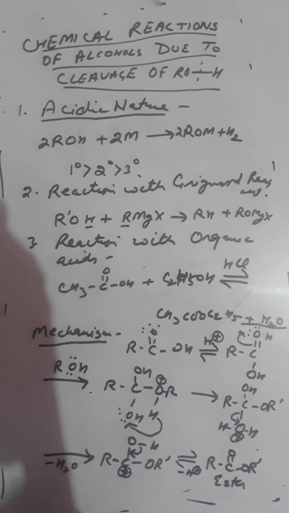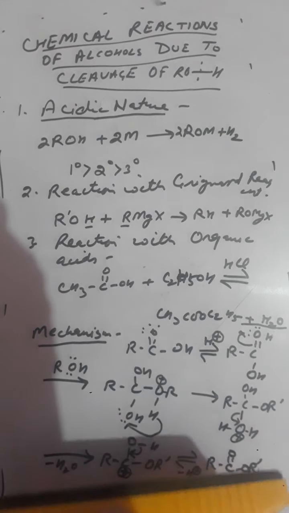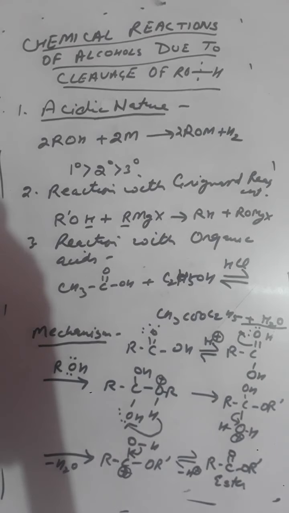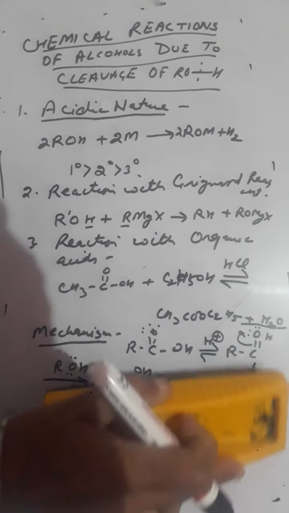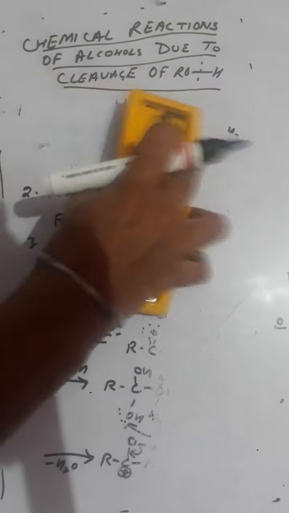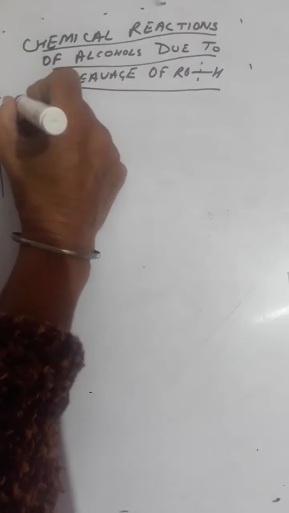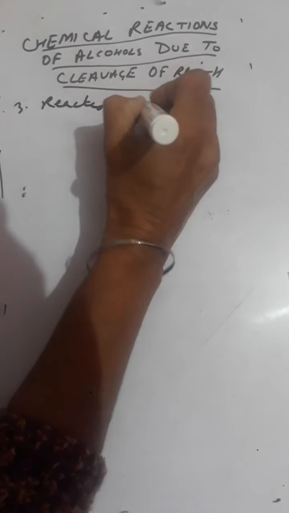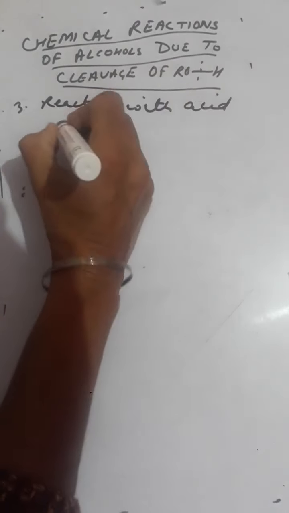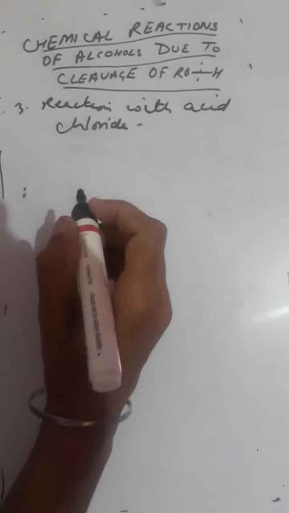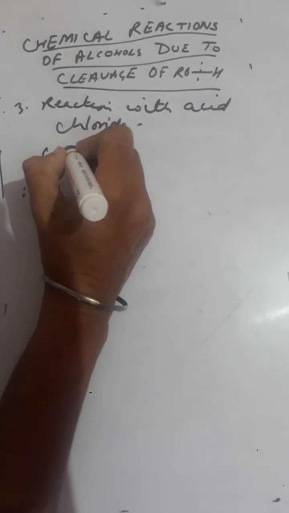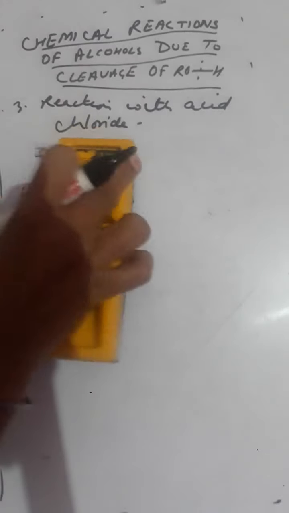The other reactions which come under this category are the reaction with acid chlorides and the reaction with acid anhydrides. Let's see that. First is the reaction with the acid chloride, RCOCl.